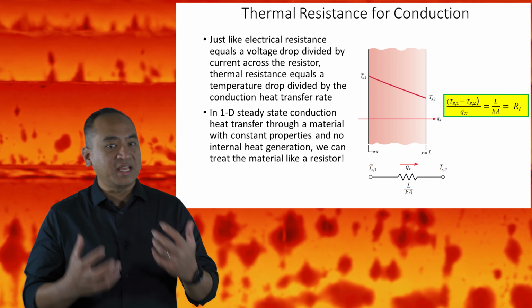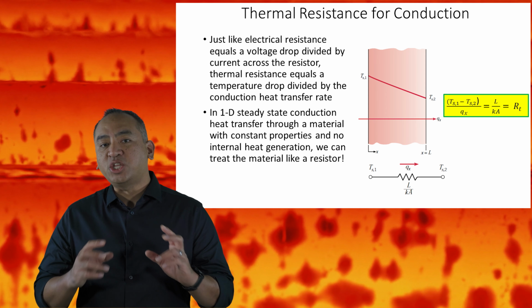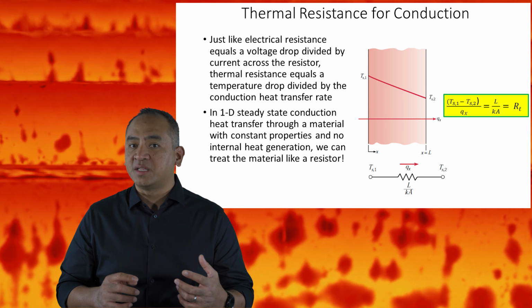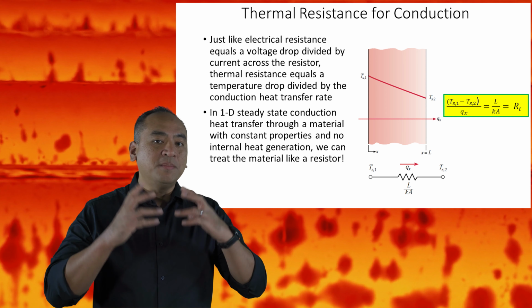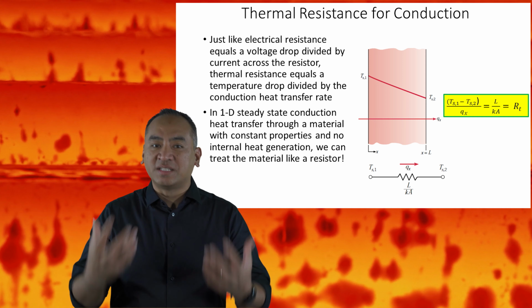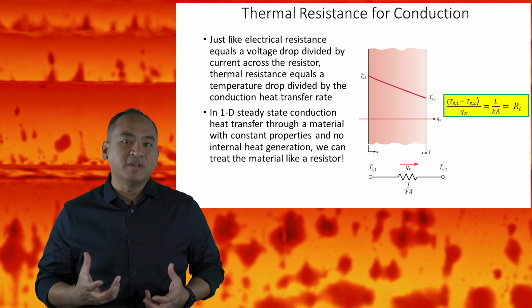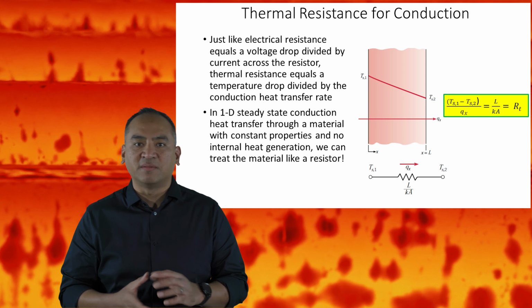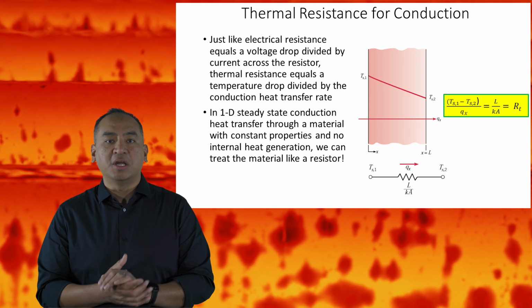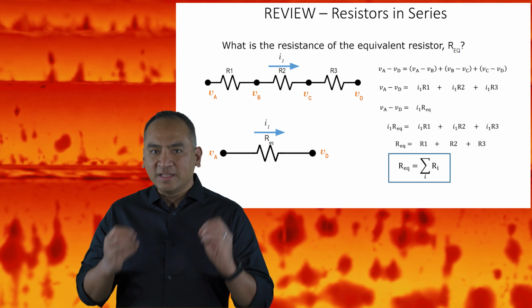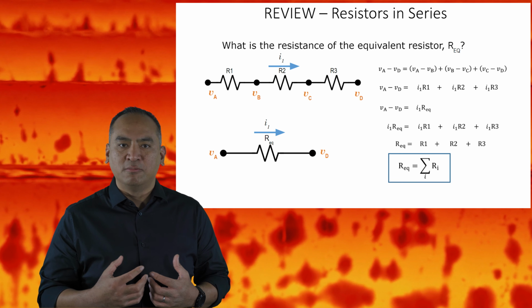In 1D steady-state conduction, heat transfer through a material with constant properties and no internal heat generation, we can treat the material like a resistor. The thermal resistance is equal to the thickness of the plane wall divided by thermal conductivity times the area of the plane wall. Let's go back to Engineering 79 once again.